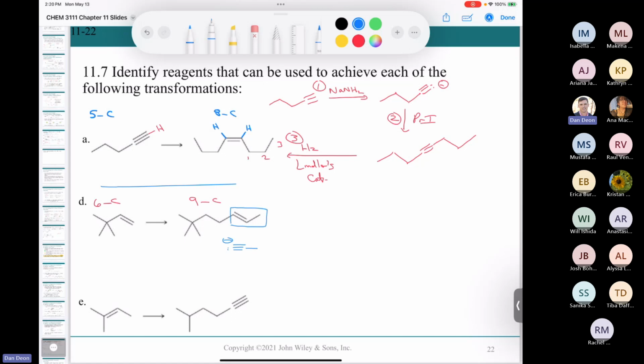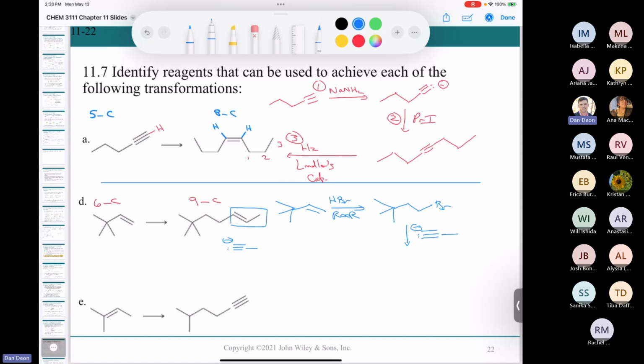So what that means is if we take our starting material, the starting alkene, and we treat that with HBr and peroxides, that's going to give us this compound, and then we can treat it with our nucleophile, okay? So that's going to do our SN2 reaction, which is going to give us this compound.